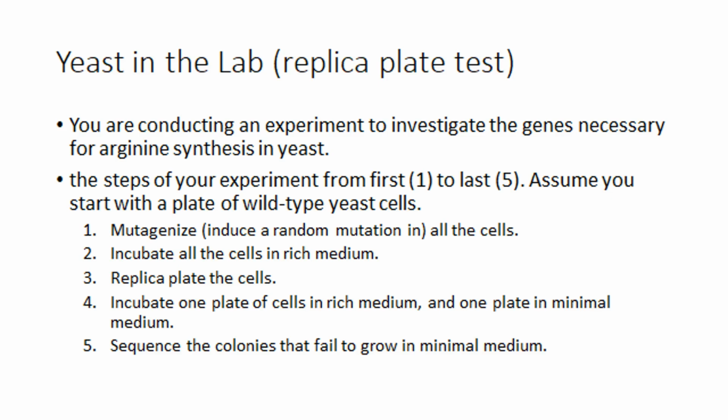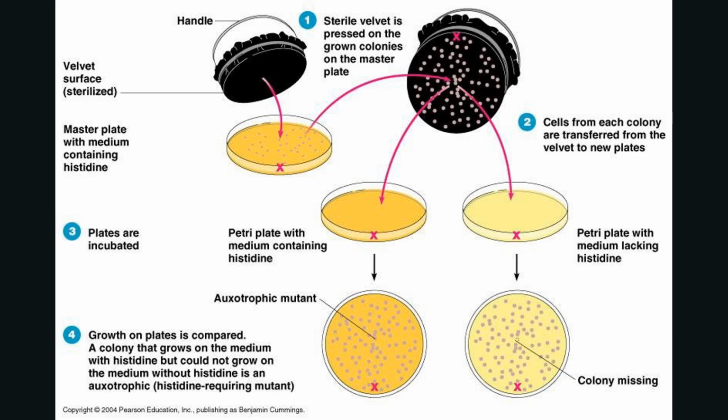Then number 5, sequence the colonies that fail to grow in minimal medium. As we mentioned, if we make a copy and paste of the colonies, we will see in the plates that some colonies appear in the rich medium and do not appear in the minimal medium.